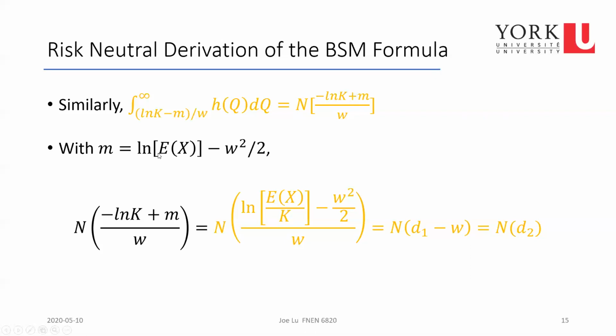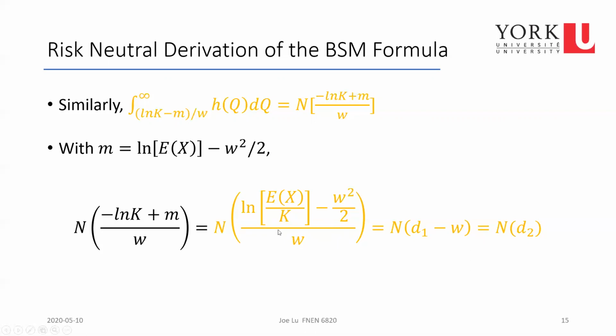Now, again, we know m is this, log expected X minus W squared divided by 2. So we substitute in the m. So we have this part here. And essentially, then we have N(d2).